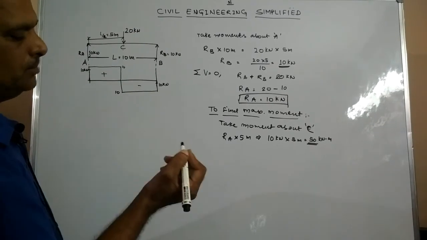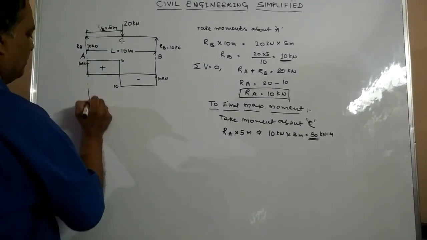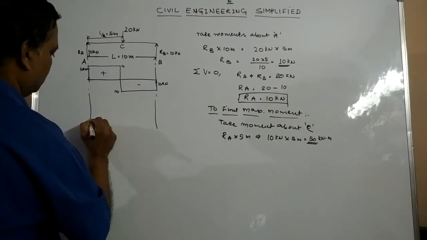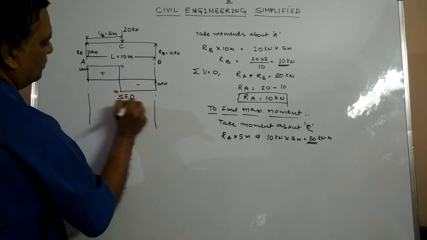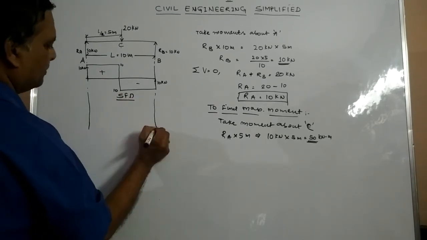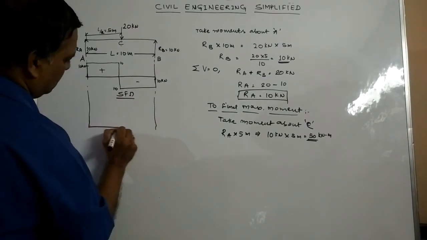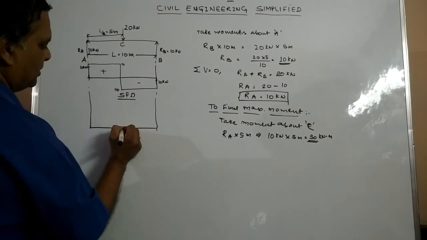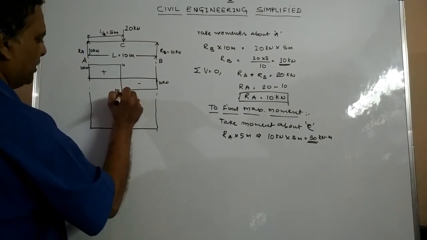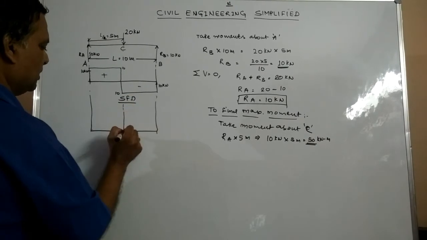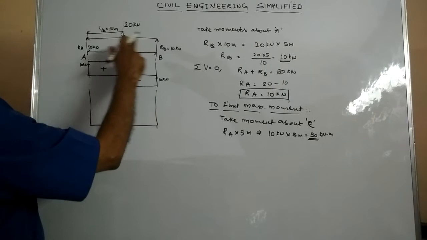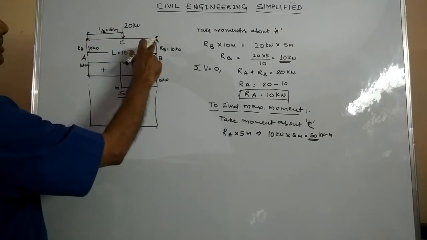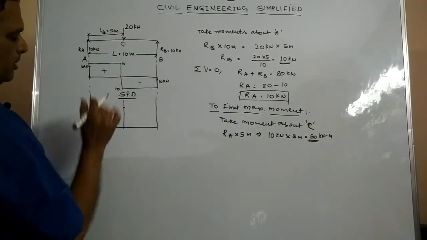So for this we can simply draw the bending moment diagram. This I'll call the SFD, or the shear force diagram. And similarly, I am going to draw a horizontal line here, which is the reference line, and at this point where the shear force changes, we find the maximum bending moment. As we have discussed earlier also, because of these simple supports, at the ends the moment will be zero.